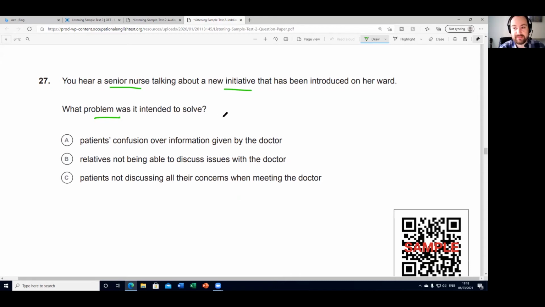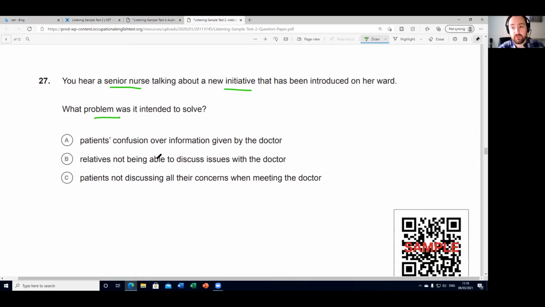So these are really the key things that we need to focus on when we're listening. If we look at these 3 options, the first thing we notice is they're longer than the previous 2. If they're longer options, this would suggest that it's going to be a gist question as well, because it's about more of the recording. So that's something to bear in mind as well.